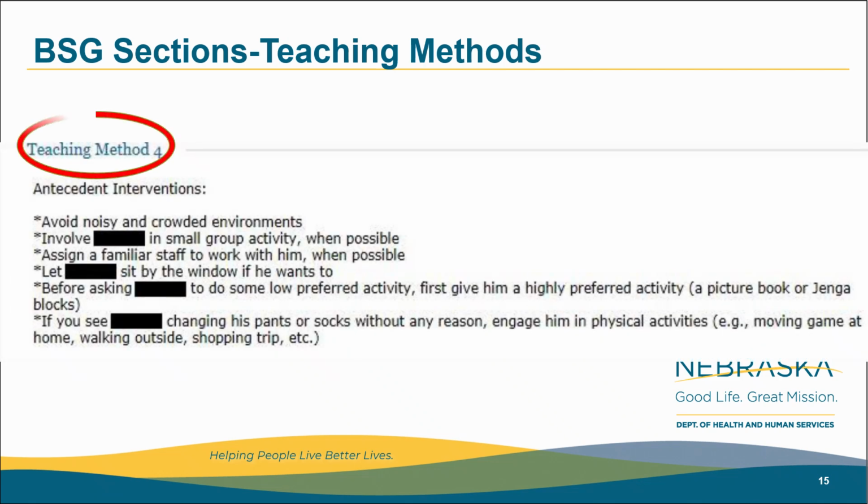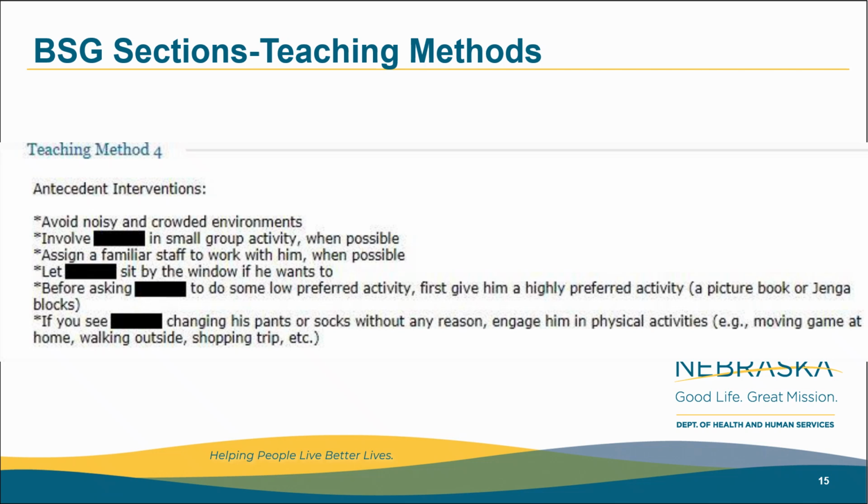Teaching Method 4 will generally be a list of specific antecedent interventions. Remember that antecedents are events, people, or things that immediately precede problem behavior. So this is basically a list of specific things you can do to prevent problem behaviors from occurring with this particular individual. Also remember the general document called Interventions to Prevent Problem Behavior, which we discussed during the BSP training presentation.